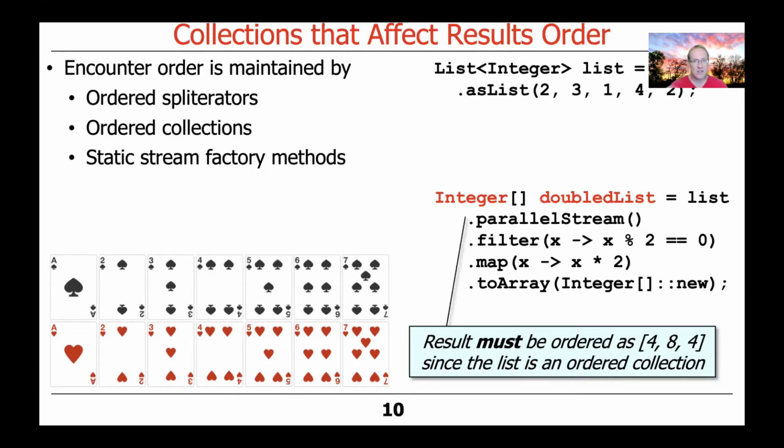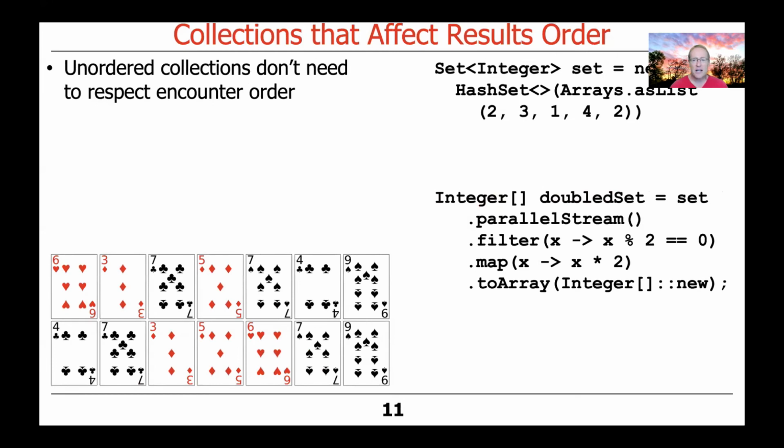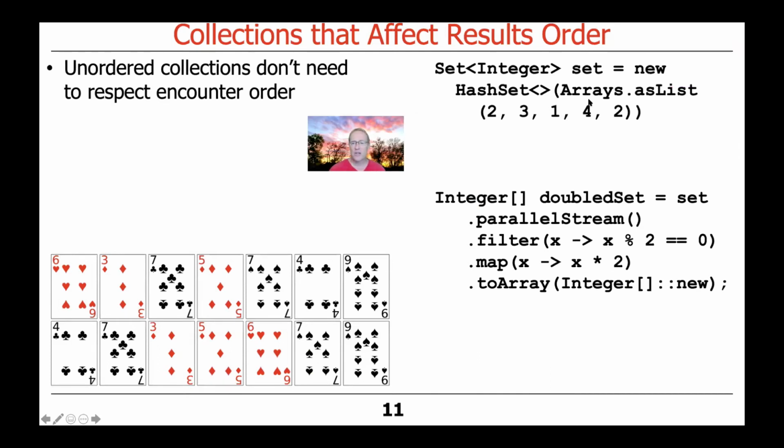All right, so that's one example. Let's take a look at a different example. So over here, we're going to use an unordered collection. So the way we're going to do that is we're going to take our same list, which we had before, which is 2, 3, 1, 4, 2, and then we're going to go ahead and put that into a hash set. And if you recall, a hash set has a couple of interesting characteristics.